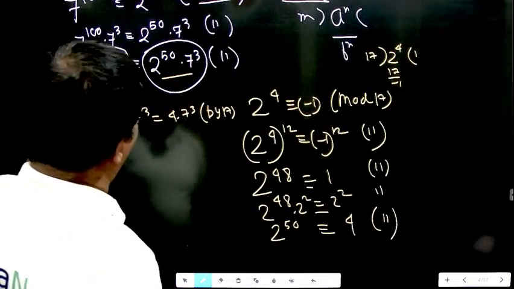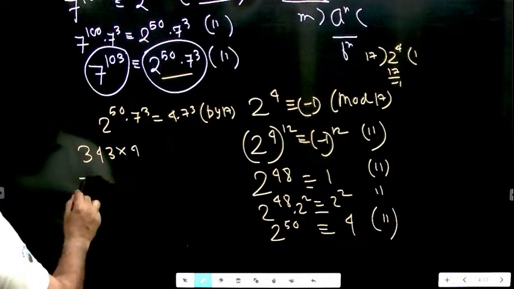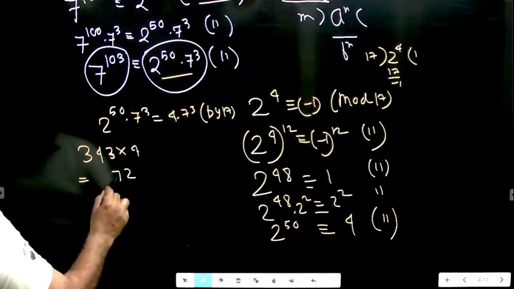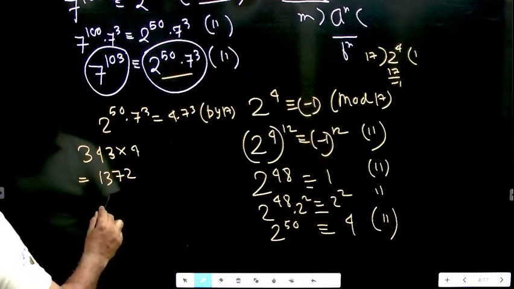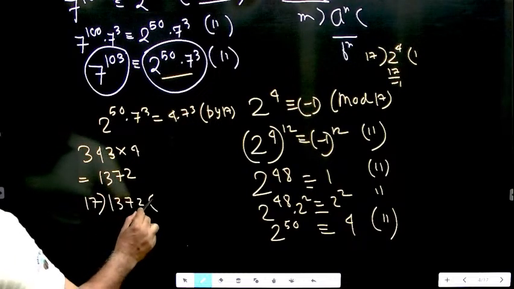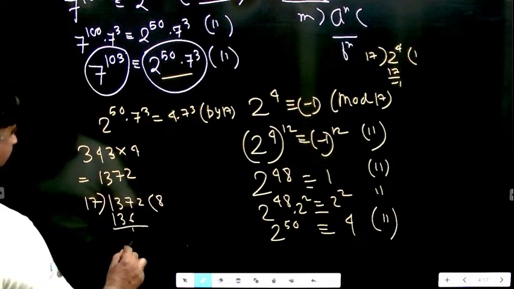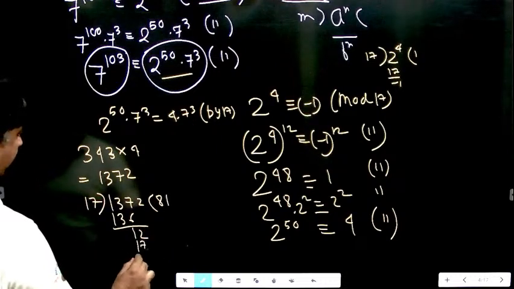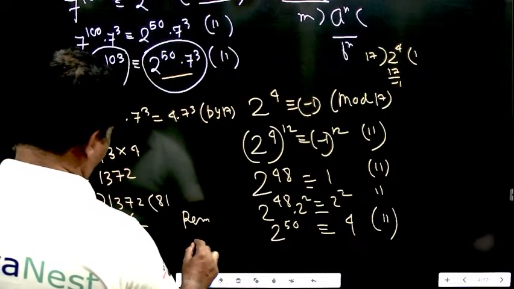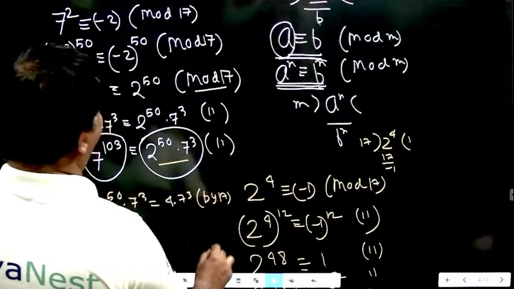Now 7 cube means 343 into 4, so 1372. You are dividing it by 17. So the remainder is 17 minus 5, that is 12. Okay?